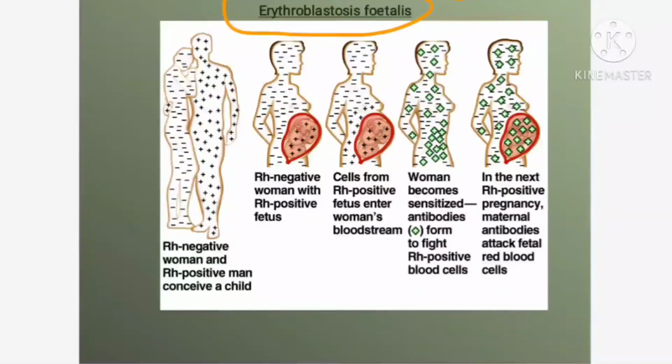So, the mother is negative, the father is positive and the baby who has been conceived is positive. In the first delivery, no problem, the baby has come out, but the positive factor from the baby has moved into the mother.